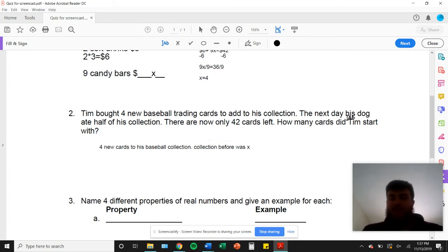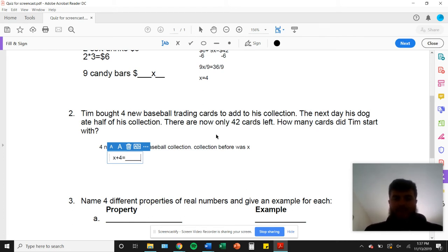But then the next day, his dog ate half of his collection. So now there's only 42 cards left, right? So that means he had X plus 4 gave him some number.